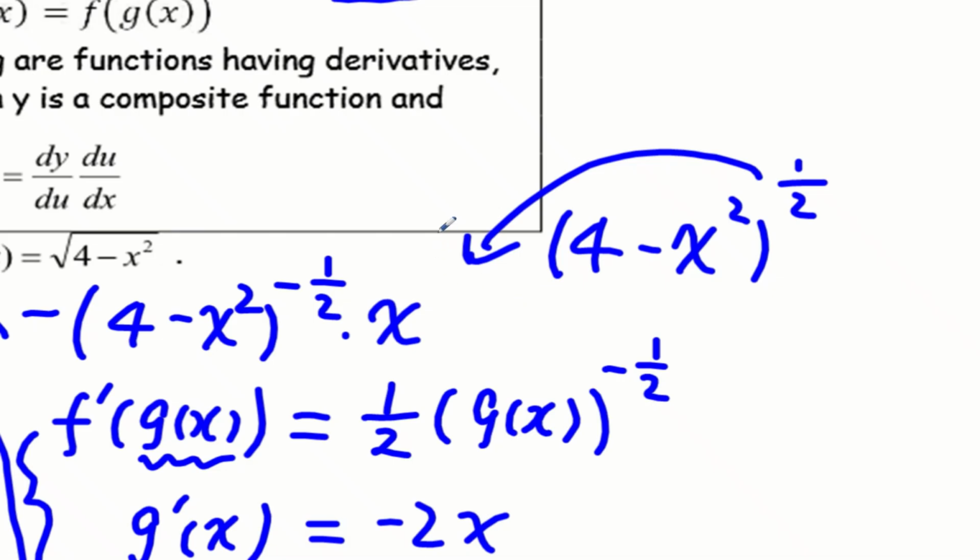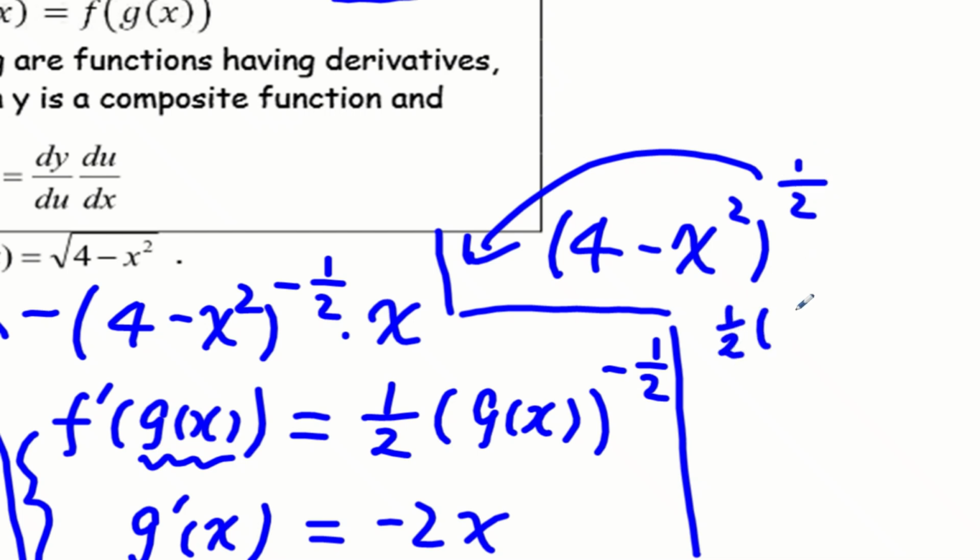Another way you can think, instead of using all this g of x stuff, is: we have the function in this form, and we take the derivative of the exponent part. So we bring the exponent to the front, then the exponent minus 1 is the derivative of whatever to the exponent.